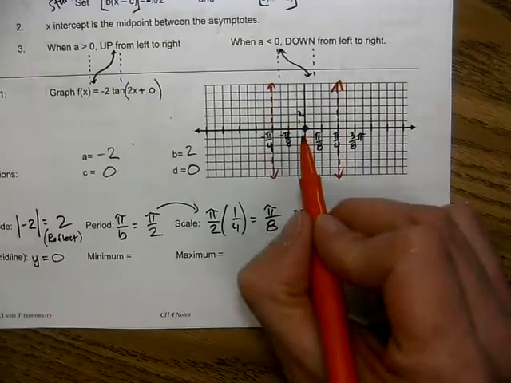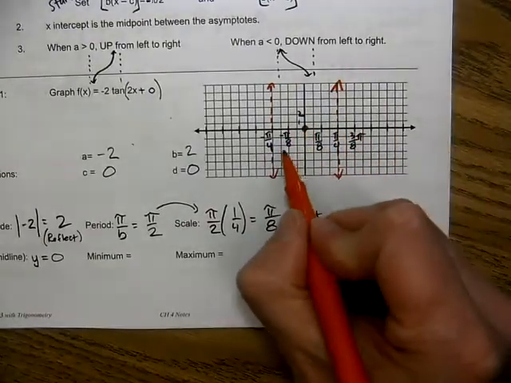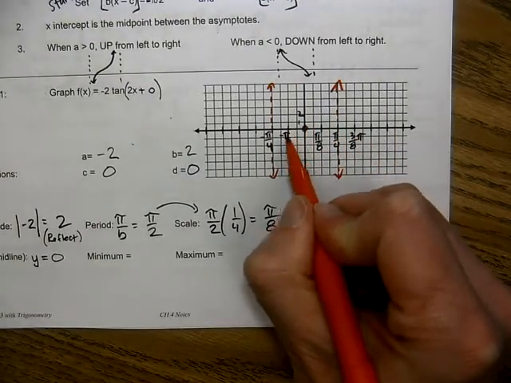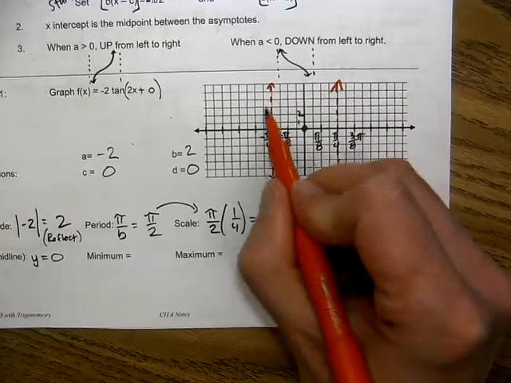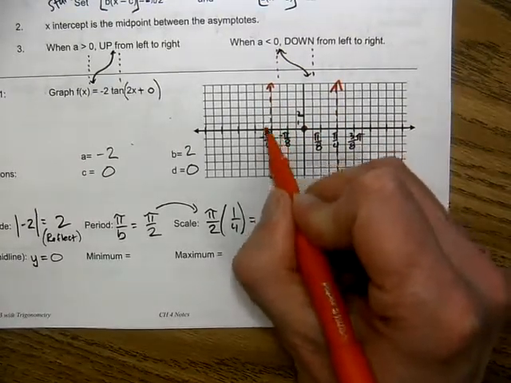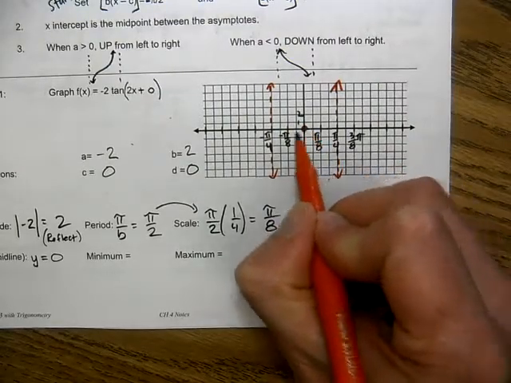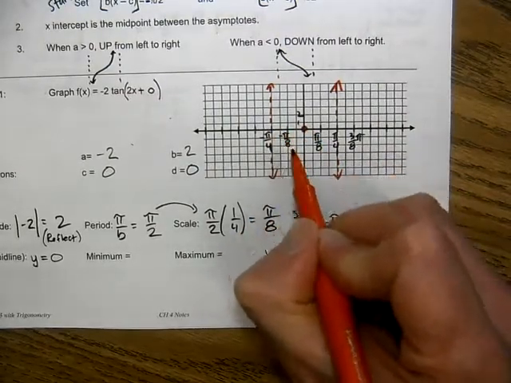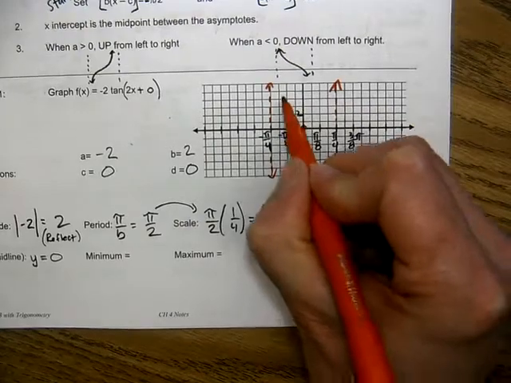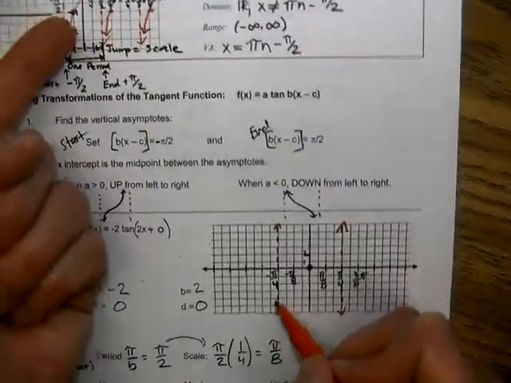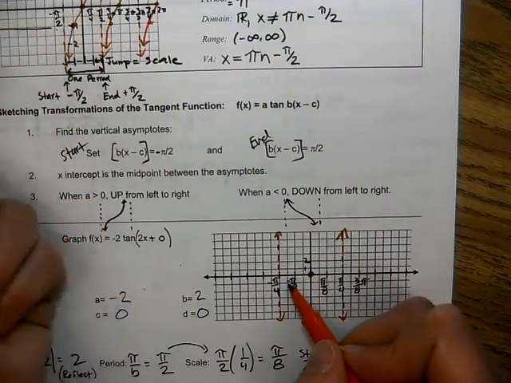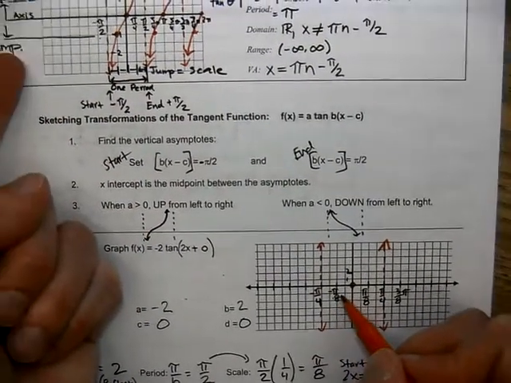So now we're taking each half and we're dividing it in half. In other words, we're right at the jump value. We're right at that scale marker. So between the leftmost vertical asymptote and the midpoint, halfway between those two, we are right here at negative pi over 8. So at this place, we want to have this point. So we look at the amplitude for our particular equation.